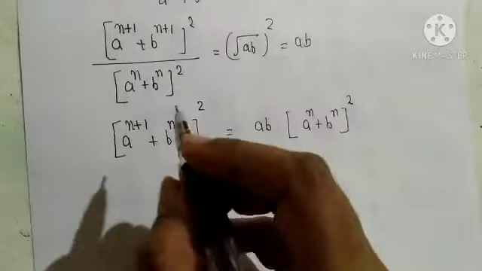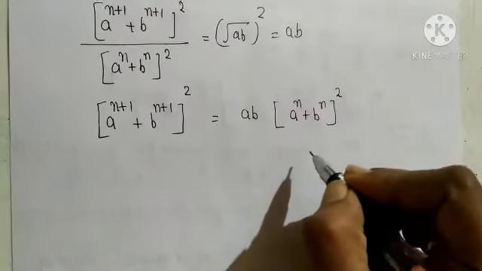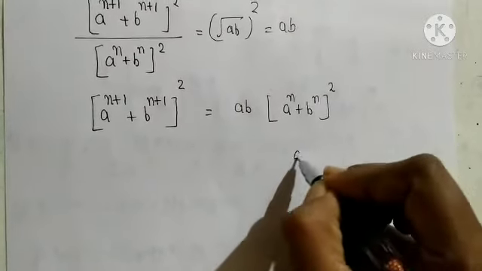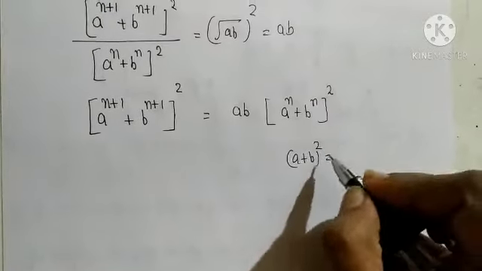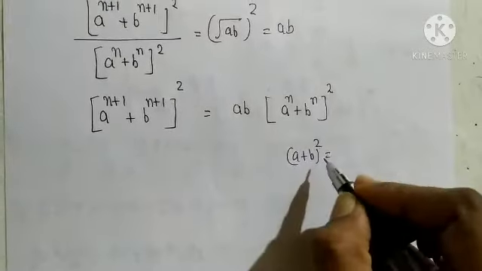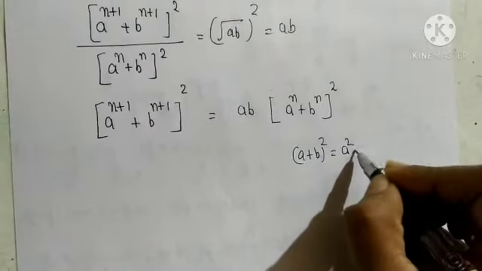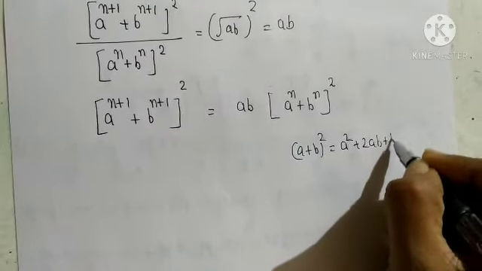Okay. Next I am going to use one of the famous identities, a plus b whole square, for the expansion of these two terms. And what is a plus b whole square? a square plus 2ab plus b square.